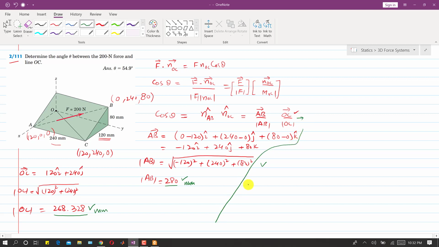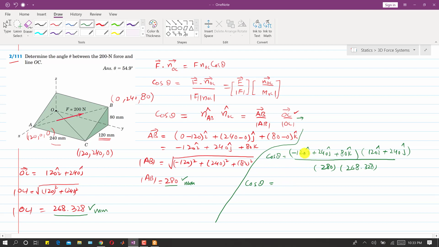So cos of theta will be equal to the AB vector, minus 120 i plus 240 j plus 80 k, multiplied by the OC vector, 120 i plus 240 j, divided by the product of the magnitudes. The AB magnitude is 280 times the OC magnitude, 268.328.